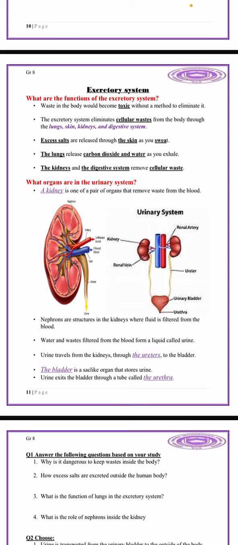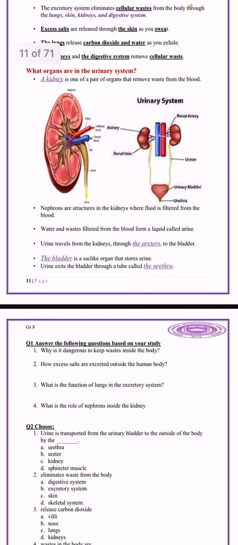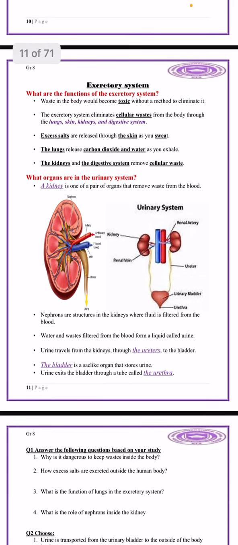No, we have excretion from other organs, like the skin, which excretes sweat, like the lungs, which excrete carbon dioxide, and also the kidneys and digestive system, which remove the cellular waste. How will the kidney and the digestive system remove the cellular waste? Let's find out. This will lead us to the urinary system, and how the urine is expelled from the body.